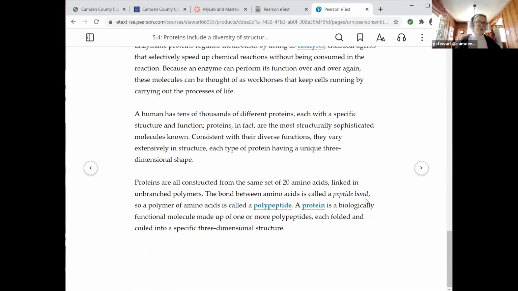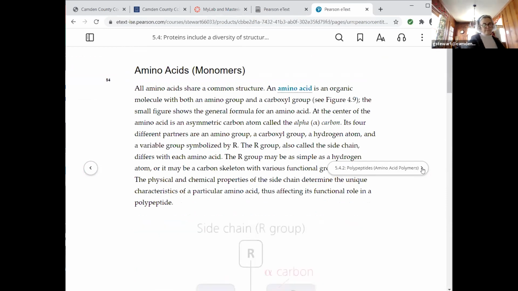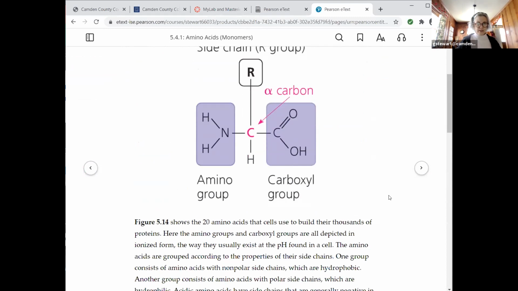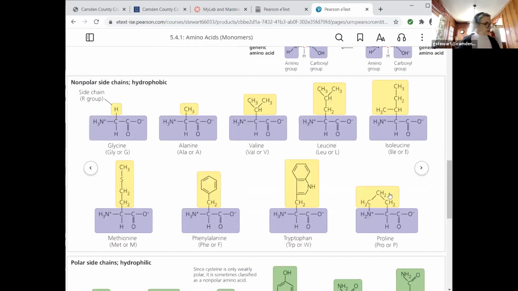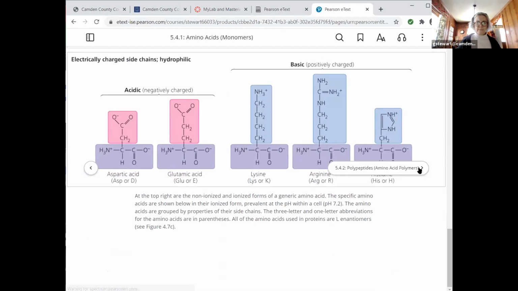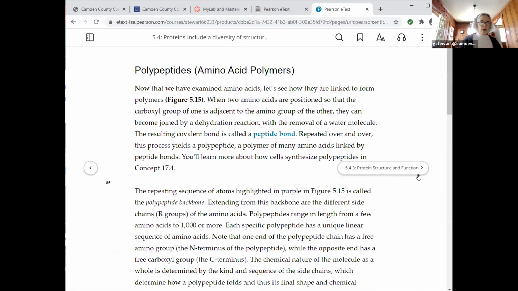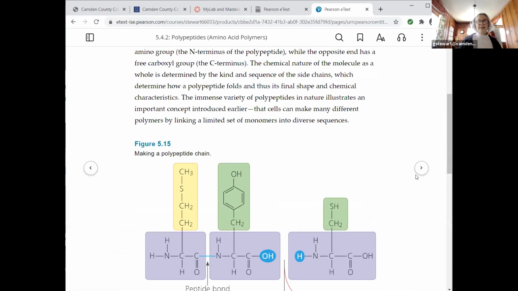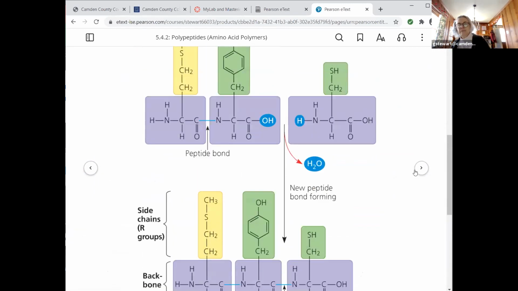I don't want all those, I just want that picture. Oh, it's coming. All right. There's all the 20 amino acids. And then I want the picture after that. 5.15, polypeptides. This picture here.